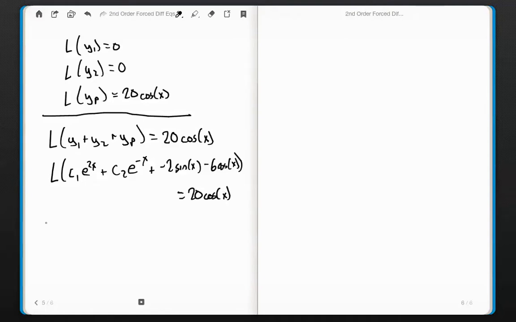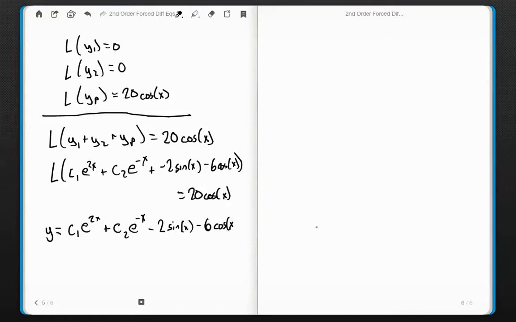So that means my y is c1 e to the 2x plus c2 e to the negative x minus 2 sine of x minus 6 cosine of x.